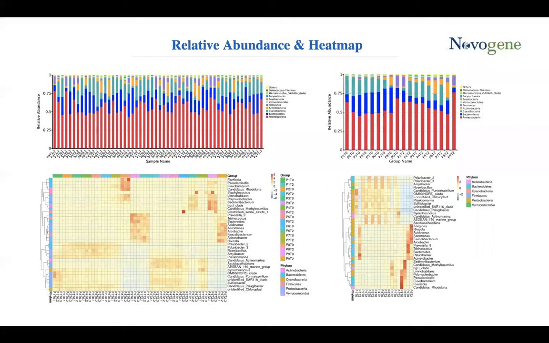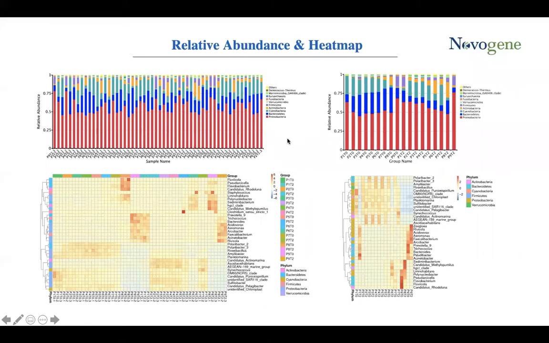The relative abundance of taxa in this phylum is illustrated in these two figures above. So the y-axis represents the relative abundance and the x-axis represents the sample name, and others here represents the total relative abundance of the rest of the phyla besides the top 10 phyla shown in this picture.